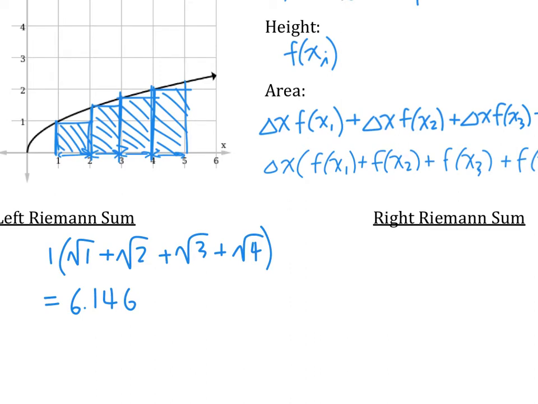All right, right Riemann sum. I'm going to change it to a different color. Same idea, except in each interval, I take the right-hand side. 2, 3, 4, 5. Okay, so same width, but 2, 3, 4, 5.